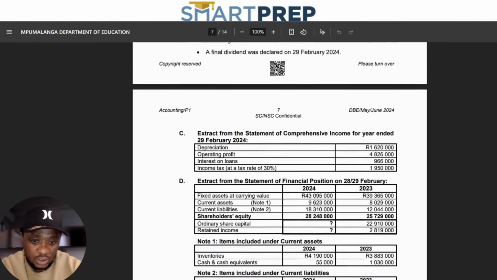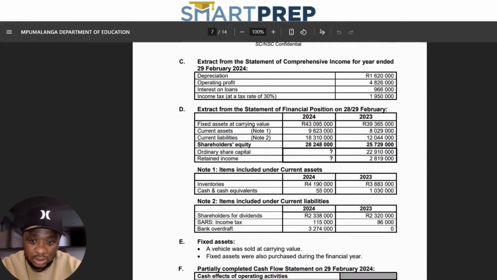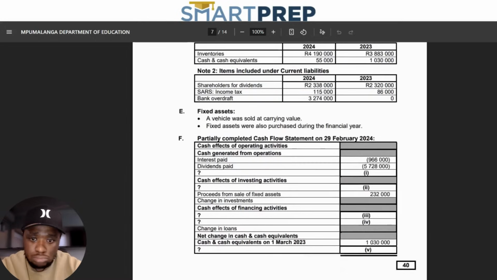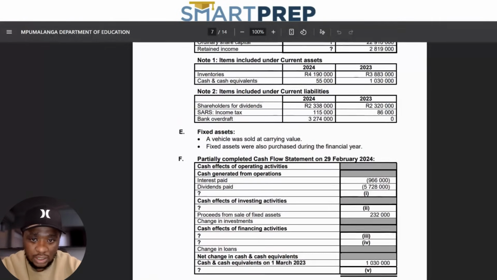Then we have inventories, cash and cash equivalents at the beginning and at the end. Then we have shareholders for dividends, where we can see there was this payment of 2,338,000.